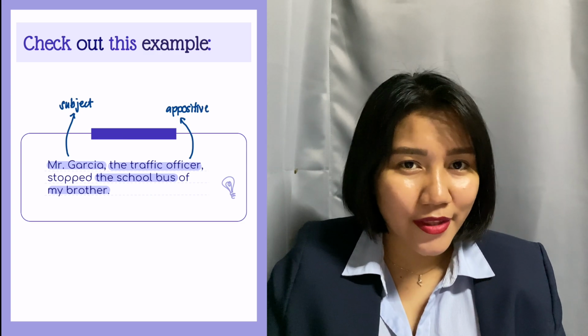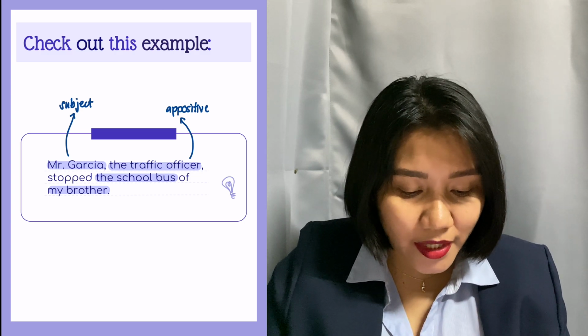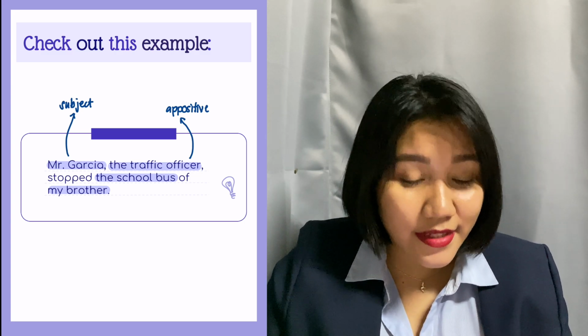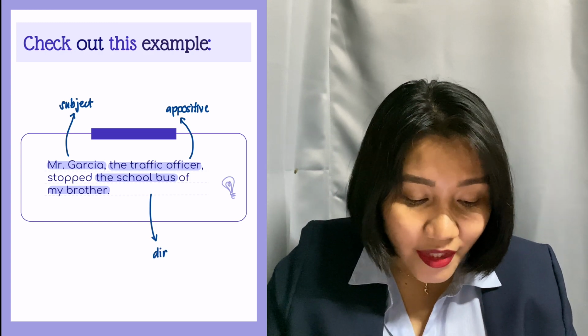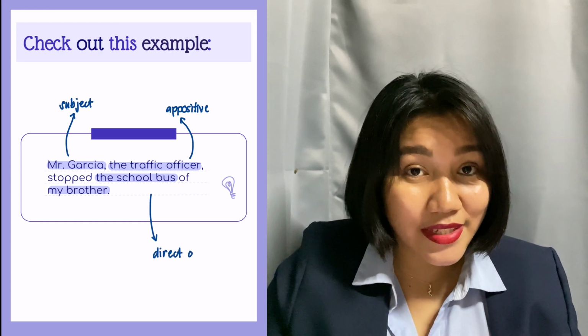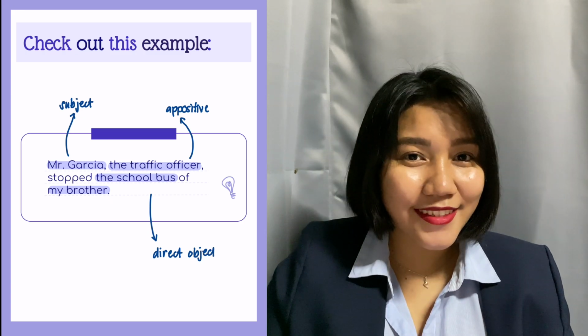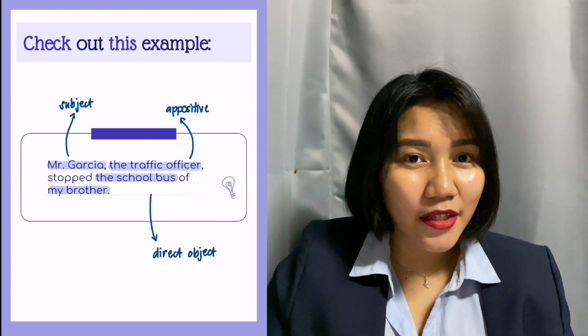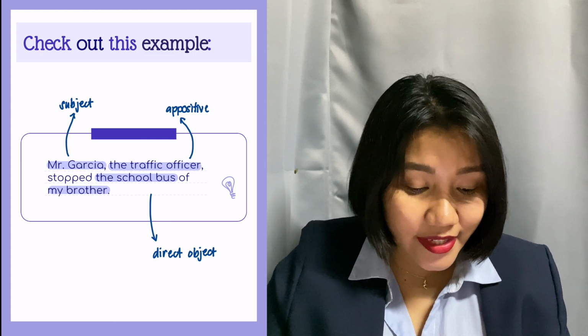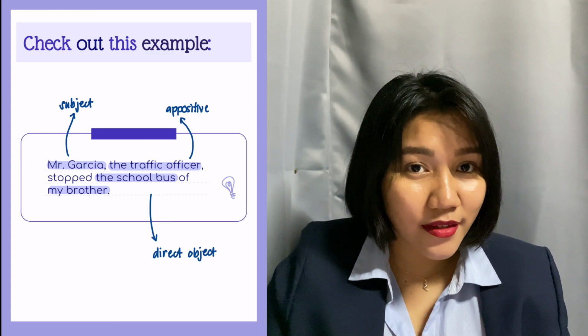Our third noun in the sentence is the school bus. The school bus is the direct object in the sentence. The direct object is the receiver of the action of the verb. We can identify the direct object in the sentence by asking the question, Mr. Garcia stopped what?